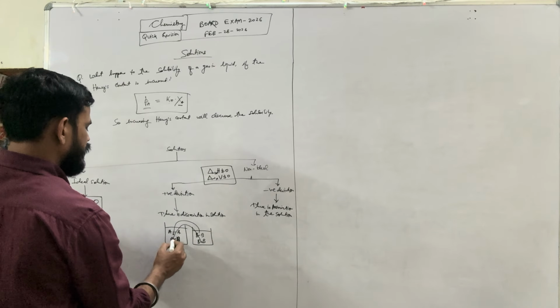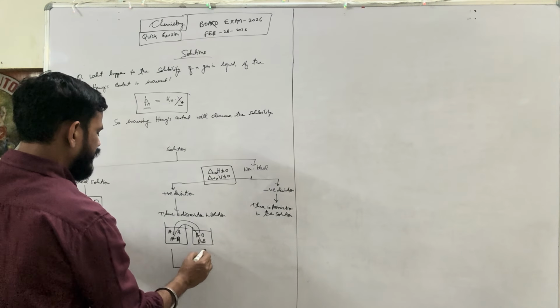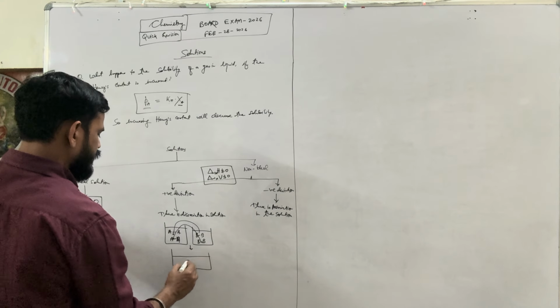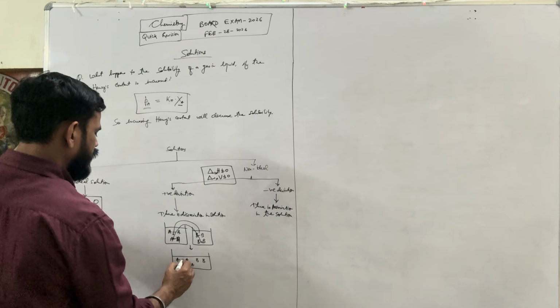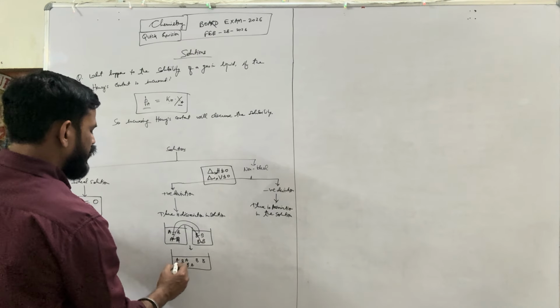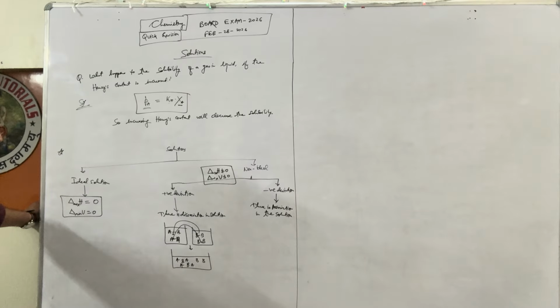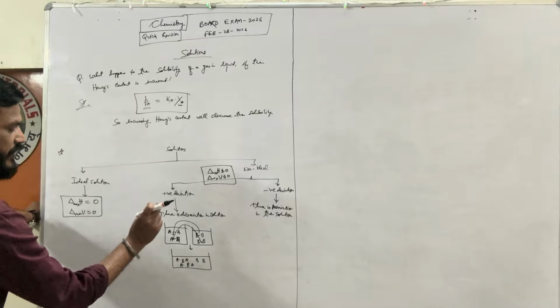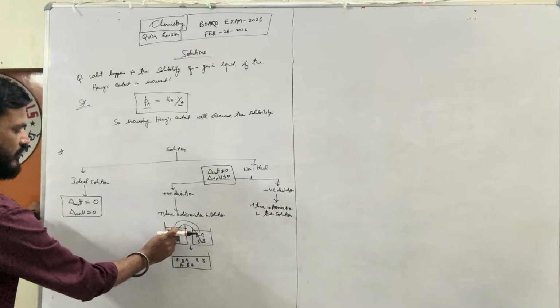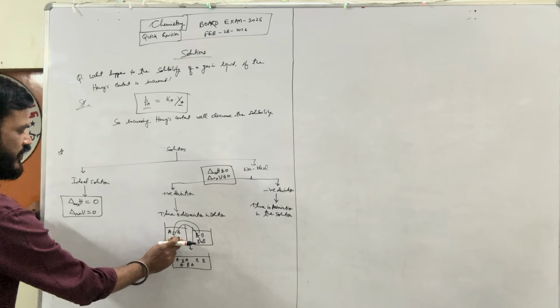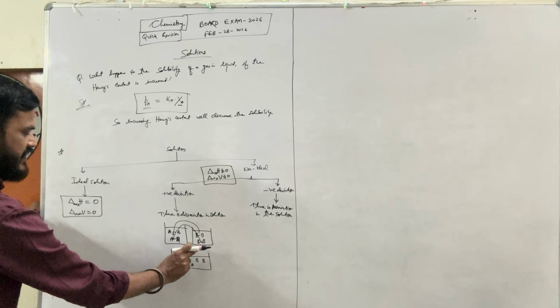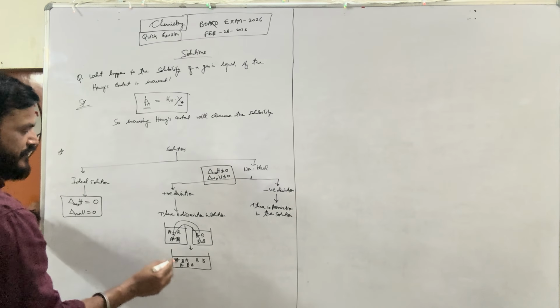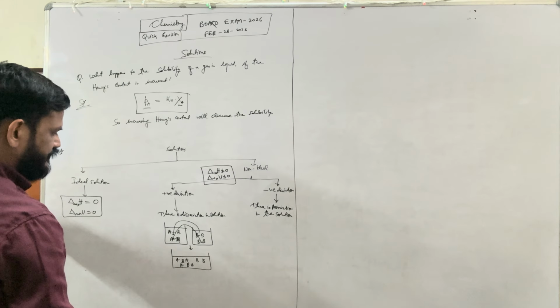So the solution will have A, B, A, B, four B's and four A's. To begin with, you had two A2 molecules and two B2 molecules, that is four molecules. Now you have 8 molecules. So this shows positive deviation.